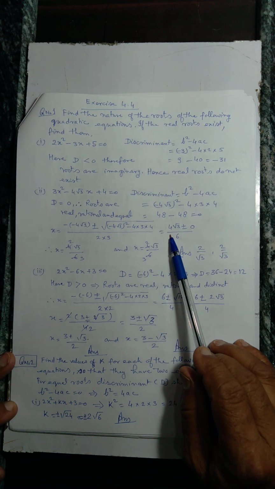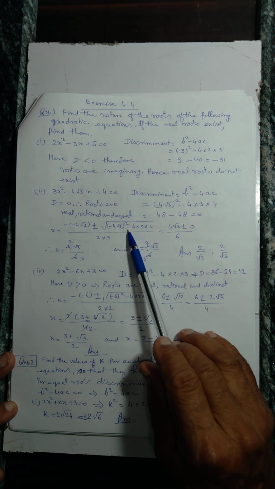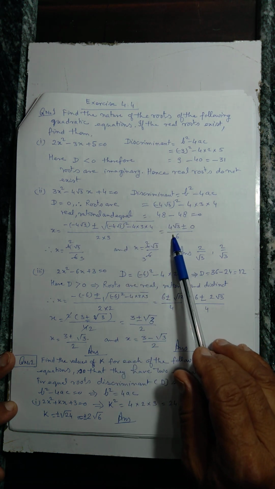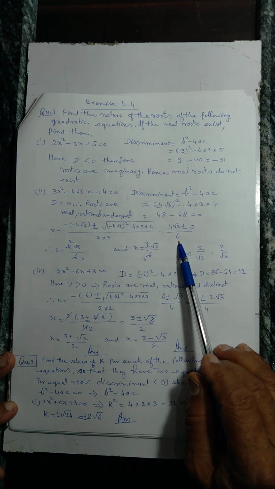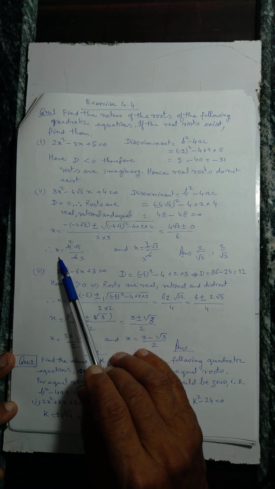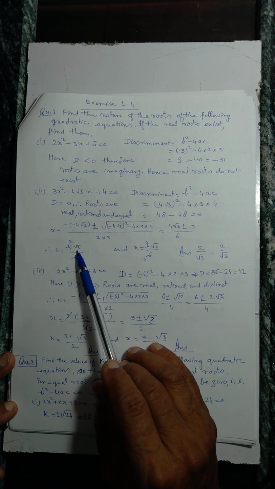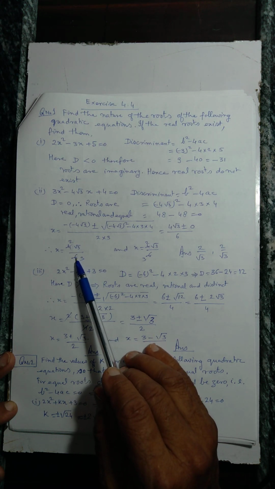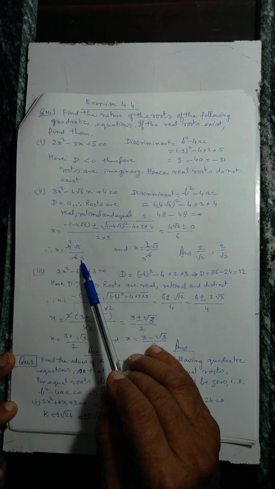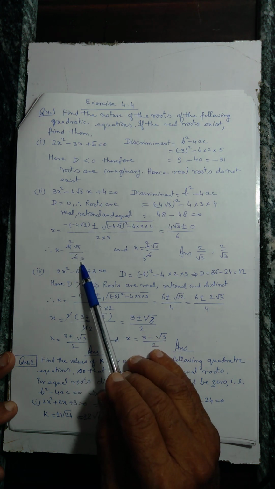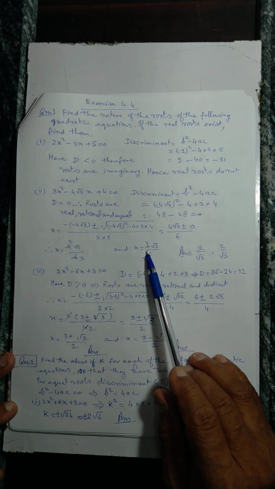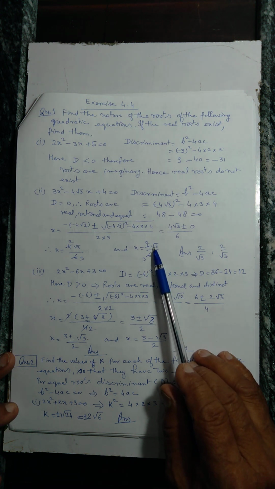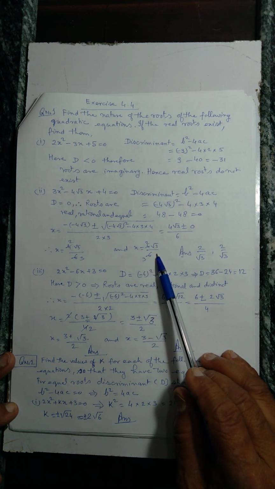That will be equal to, the discriminant is 0, I already proved, so 4 root 3 divided by 6. So x will be equal to 4 root 3 divided by 6. Solve it, you will get 2 root 3 by 3. And again you will solve it, you will get 2 upon root 3.